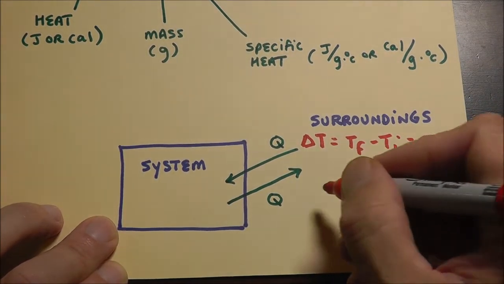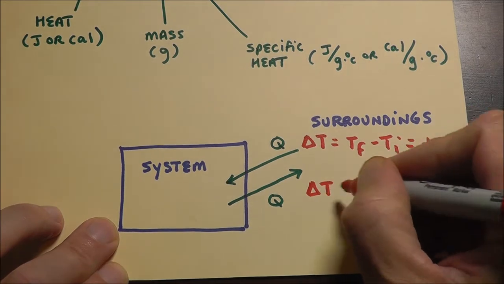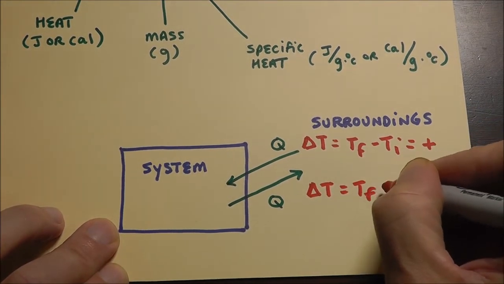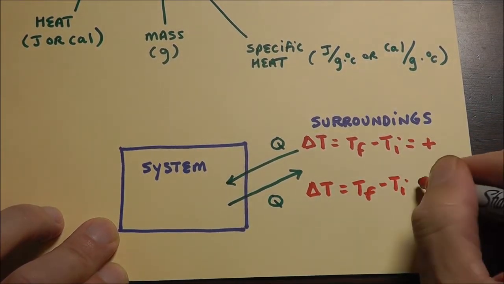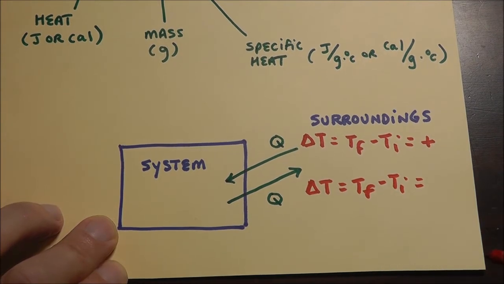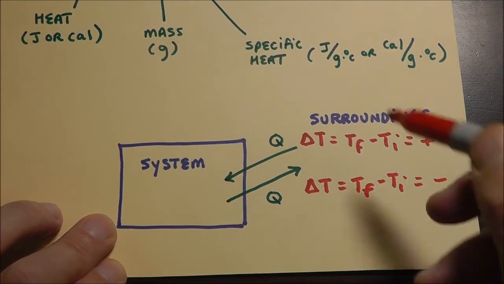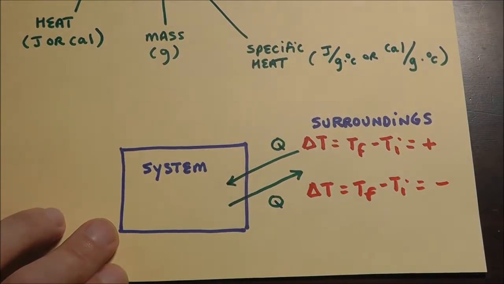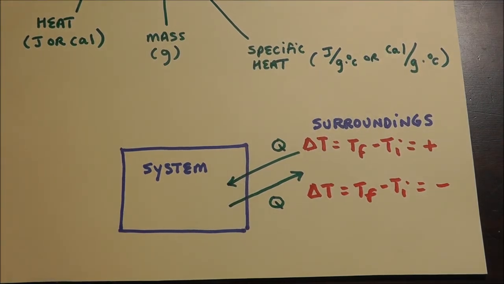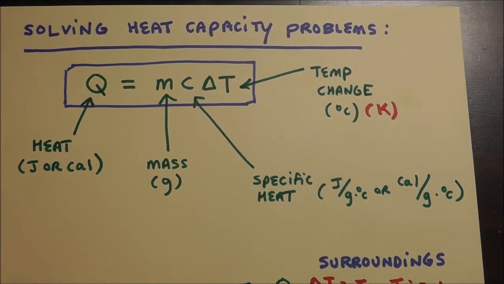If the system lost heat, delta T, which is T final minus T initial, delta anything is final minus initial, would be negative. And so sometimes you're going to have a sign in the equation Q equals MC delta T, depending on the sign of the delta T change.